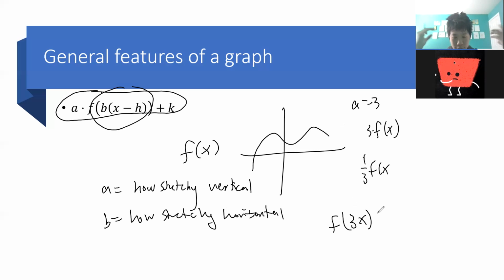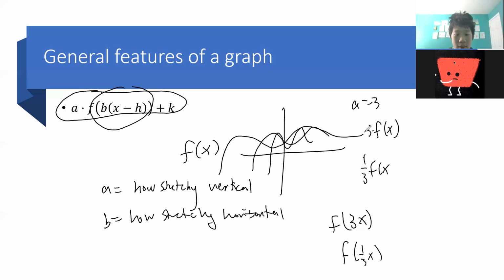It's the opposite of what we expect. So f of 3x actually shrinks it down in the horizontal direction. Whatever's inside the parentheses, it's opposite of what we expect. So f of 1/3 x, we expect it to be compressed, but it's actually being stretched out. So f of 1/3 x looks really stretchy in the horizontal direction.